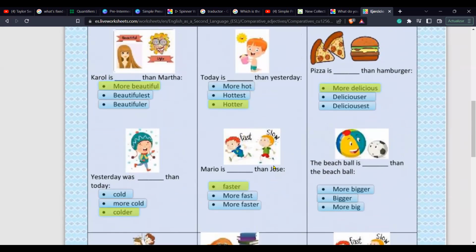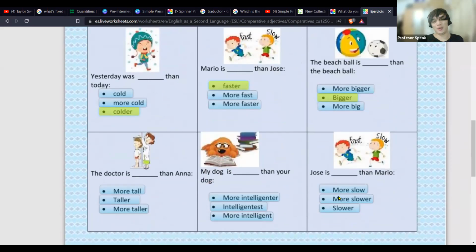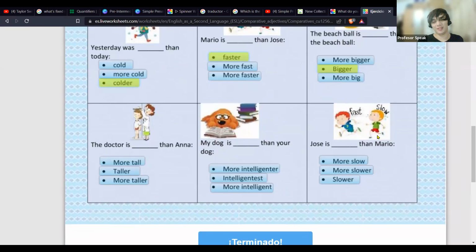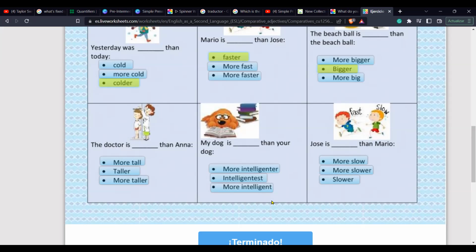Okay, the beach ball is bigger than the beach ball. Very good. Lorena. The doctor is taller than Anna.